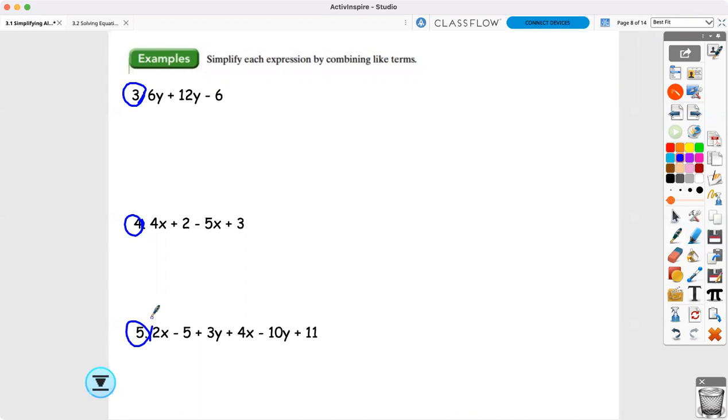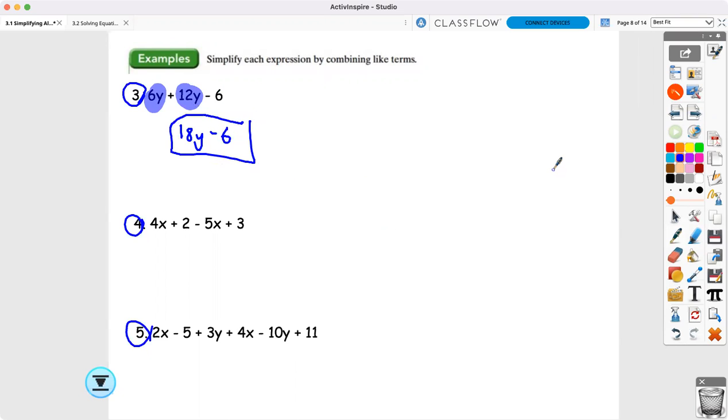For example 3, are there any like terms that we can simplify? 6y and 12y because they're like terms. And when you combine them, you add them, what do we get? You get 18y. Can we combine it with minus 6? You can, you get 18y minus 6.